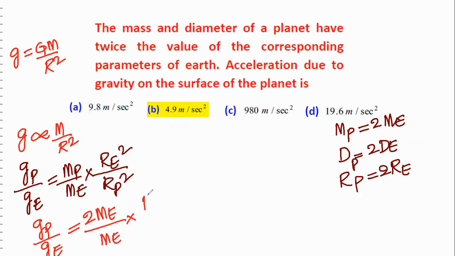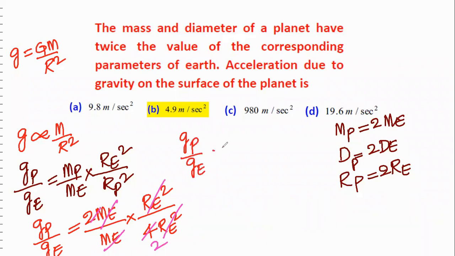Radius of the Earth is Re square, but radius of the planet is 2 times the radius of the Earth, so squaring it, 4Re square. Re square gets cancelled, Me gets cancelled, 2 cancels in 4 two times. Then Gp by Ge is equal to 1 by 2.